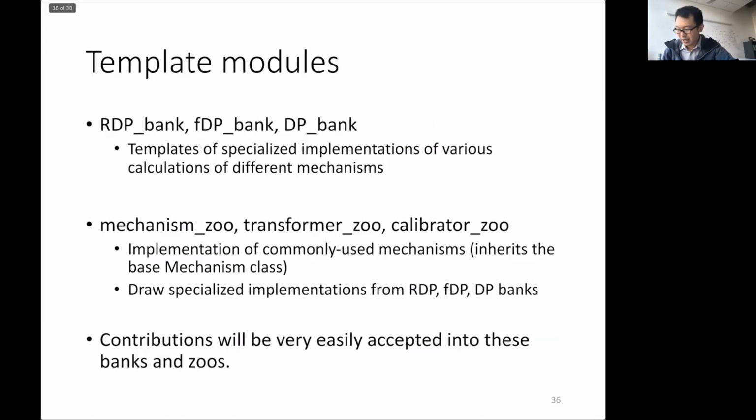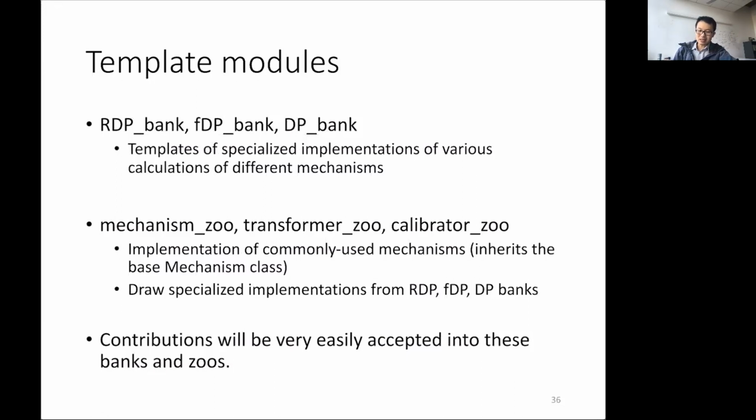In addition to that, there are many templates, say the Renyi DP bank, the f-DP bank, the DP bank, and phi function banks, and so on. These implement lambda functions, which take particular parameters and give you the output lambda function of, say, the RDP, f-DP, or the DP for particular mechanisms.